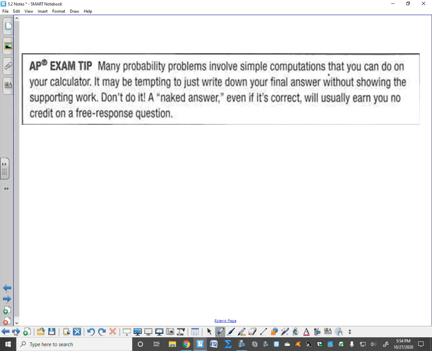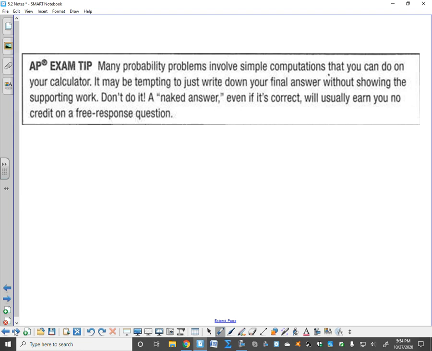Okay, last things before your brains explode. AP exam tip. Many probability problems involve simple computations that you can do on your calculator or in your head. It may be tempting to just write down your final answer without showing the supporting work. Don't do it.